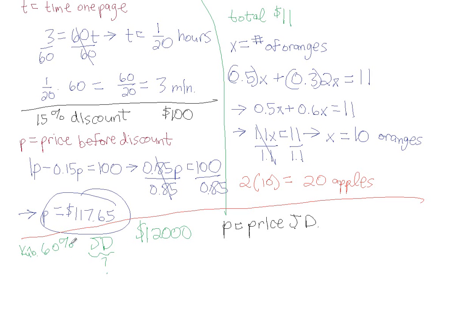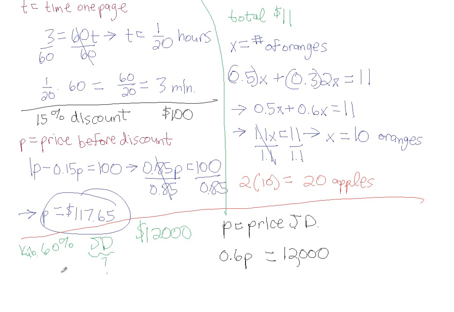So if a Kubota is 60% of the price of a John Deere tractor, we have 60% or 0.6 P. A Kubota is 60% of P, which is the price of a John Deere. And this equals $12,000.